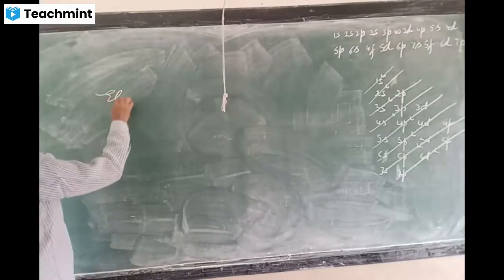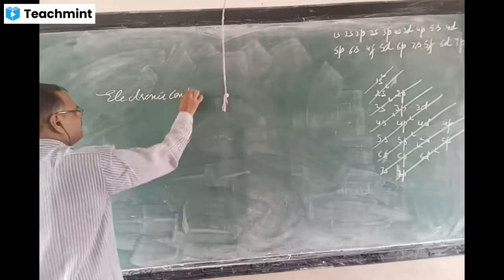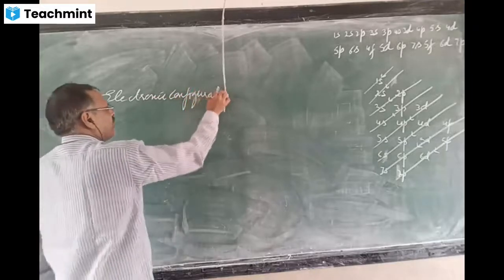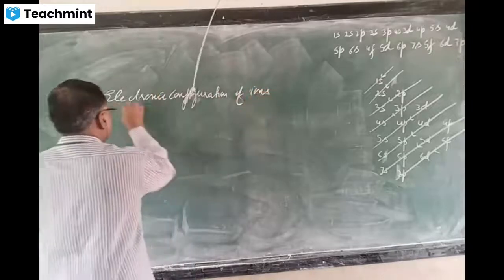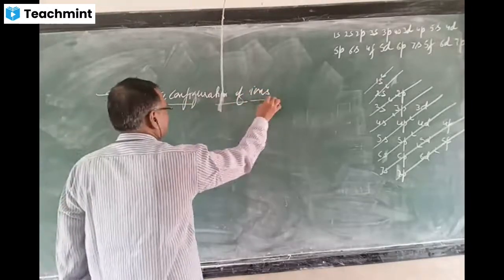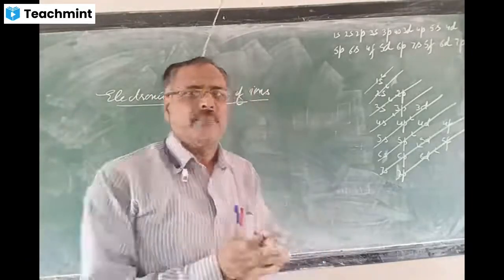Now, the electronic configuration of ions. How can we write the electronic configuration of ions? You have to think how ions are formed.